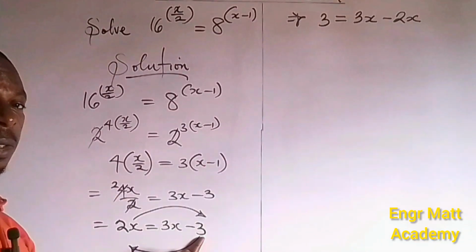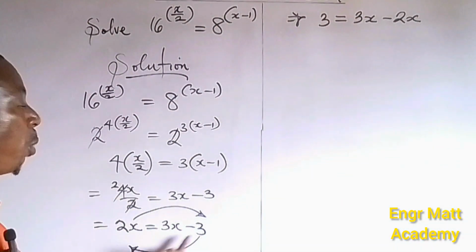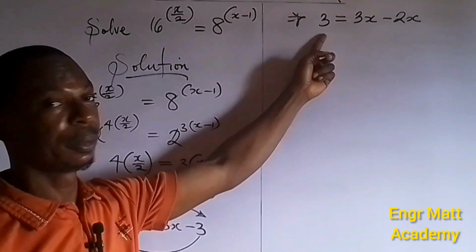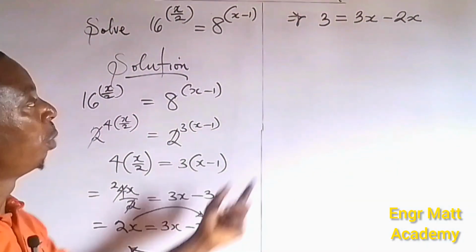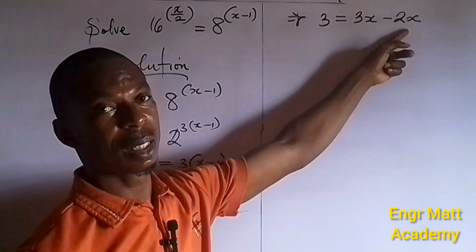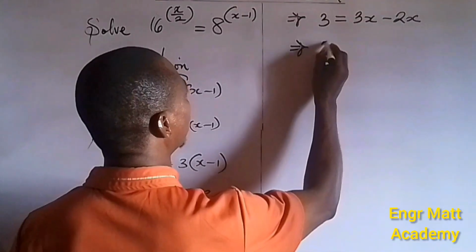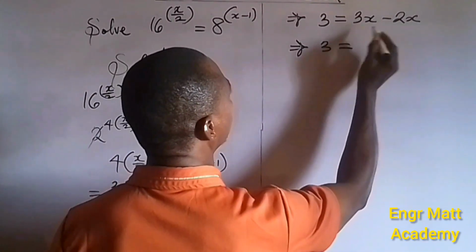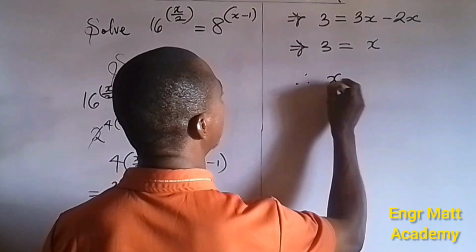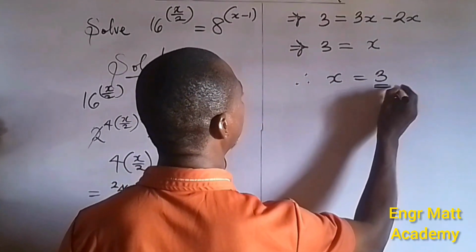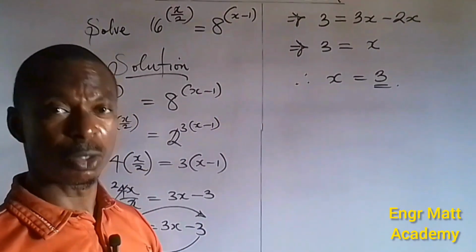Minus 3 moving to the left hand side of the equation becomes positive 3, hence we have 3, and 2x moving to the right hand side of the equation becomes negative 2x, hence we have minus 2x. Next, 3 is equal to 3x minus 2x, which is x, therefore x is equal to 3. That is that. Two Olympiad maths problems solved.